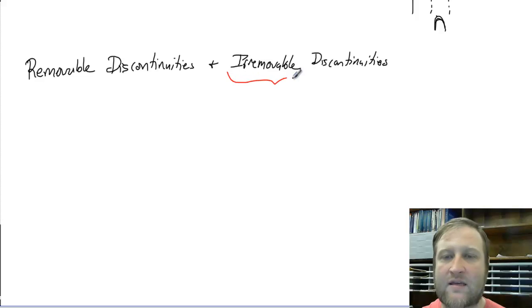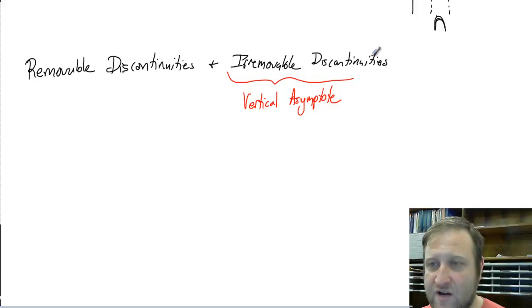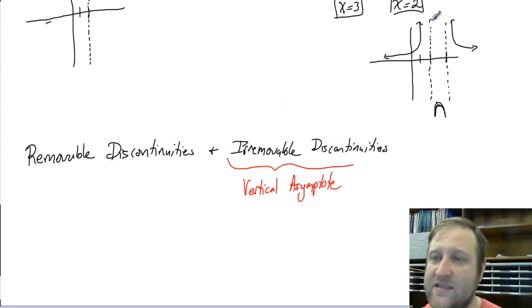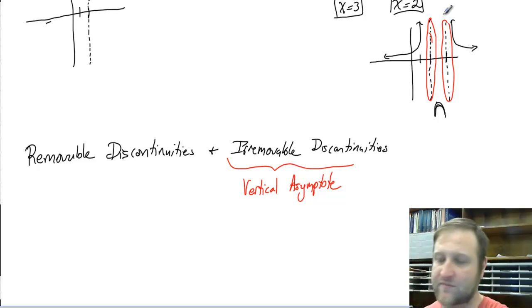For irremovable discontinuities, this guy is a vertical asymptote. We cannot remove the discontinuity, so it will not be continuous here and here. So this is an irremovable discontinuity. This is also an irremovable discontinuity. We cannot get rid of that discontinuous portion.